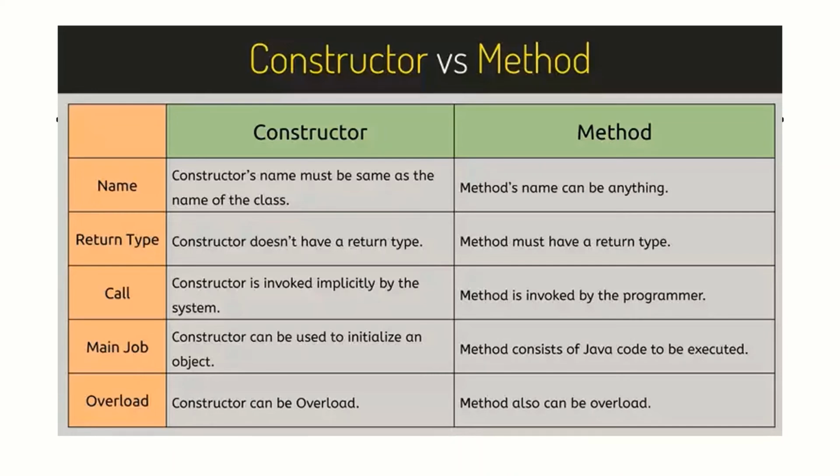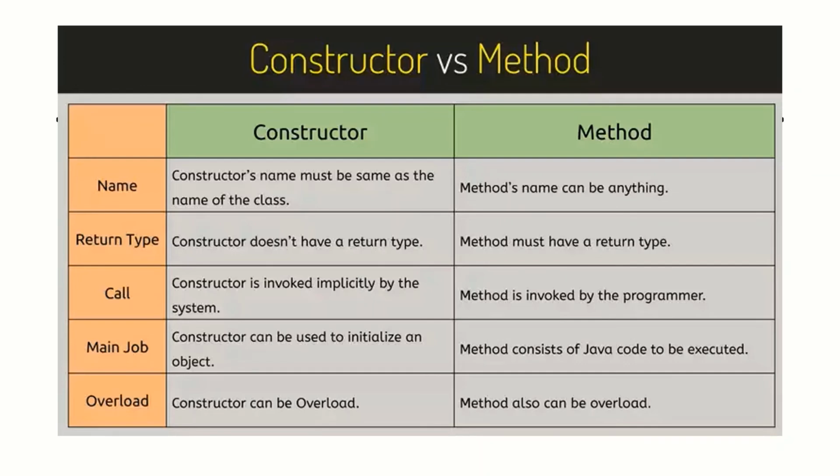In a constructor, the name must be the same as the name of the class. When you are declaring a class A, the constructor you need to define is A. But a method name might be anything. If you are defining a class A, you need not make sure that A is a method; you may declare a B method or a C method, right?